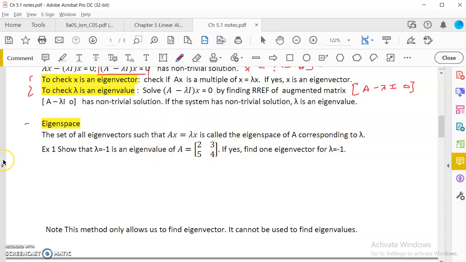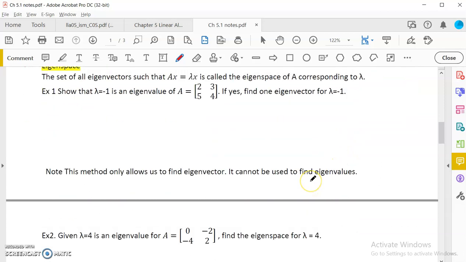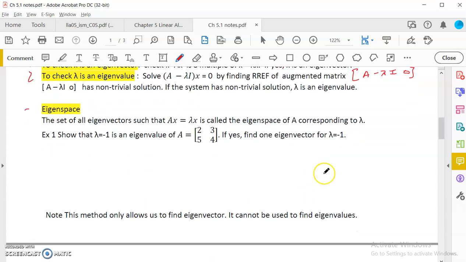Okay, for example 1. Someone tells me this A, 2, 3, 5, 4, has an eigenvalue of -1. So find one eigenvector for lambda equal to -1. And later on, we will actually find the eigenspace. So let's see, how can I find it?